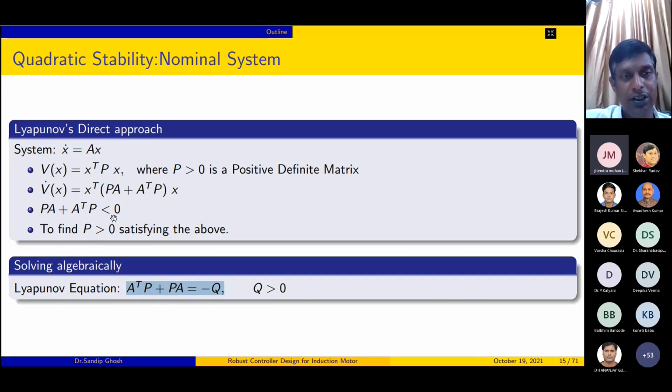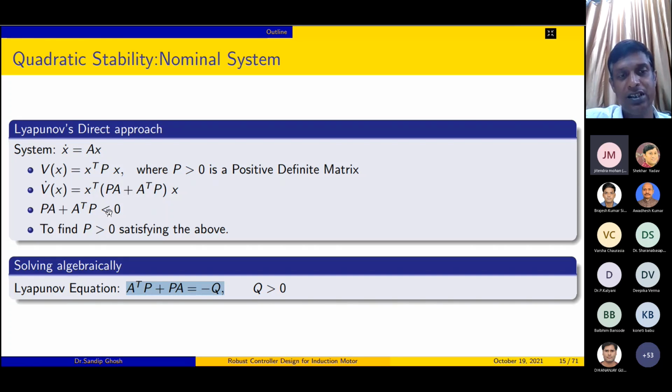So we'll continue with this inequality way, that we'll try to find a positive definite solution given these inequalities. Obviously for the algebraic solution, for a chosen Q we will have a particular solution. So for different choices of Q we will have different P.